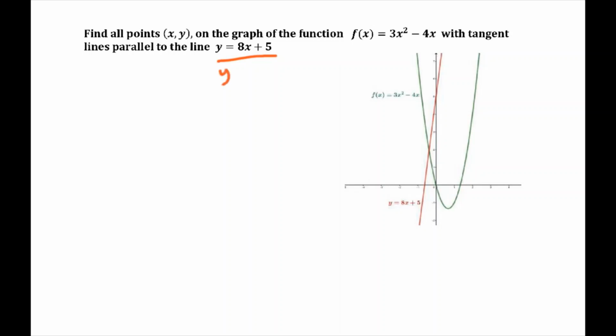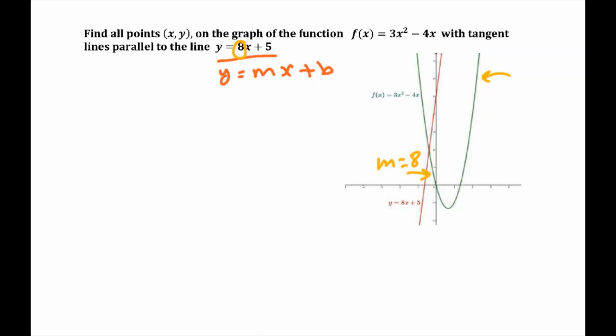Well, y equal mx plus b, very clear that 8 is my slope. So the slope of this line equals 8. Now I need to find all the lines that have the same slope, which is 8, and they are tangent at one point in this graph.